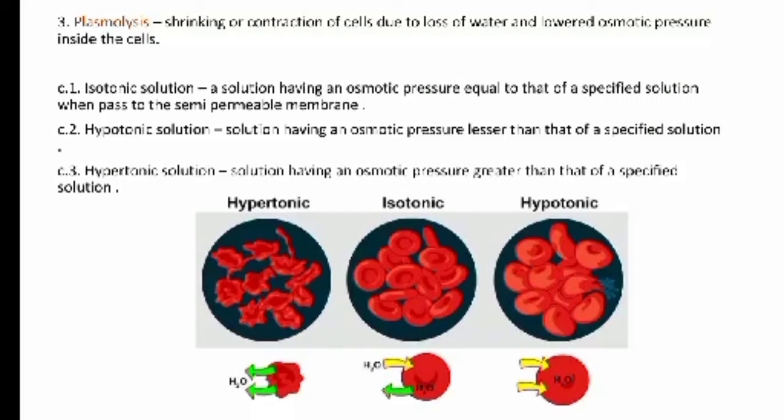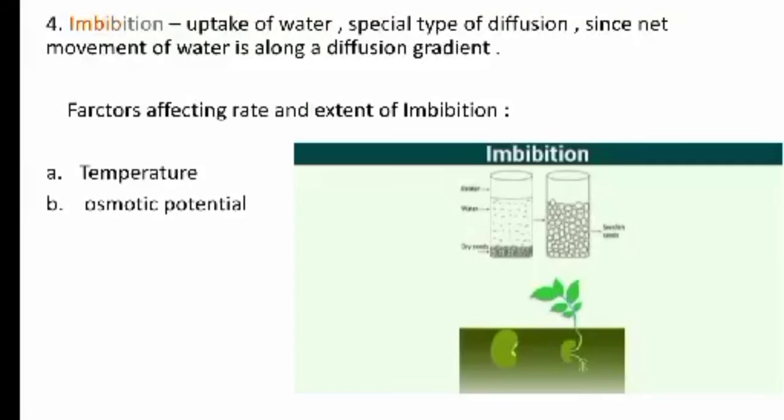A hypotonic solution has an osmotic pressure lesser than that of a specified solution, and a hypertonic solution has an osmotic pressure greater than that of a specified solution. As you can see in the picture below, for isotonic the pressure is equal, hypotonic is lesser than, and hypertonic is greater than.